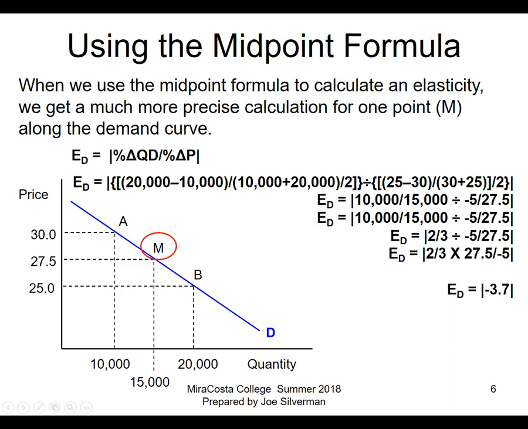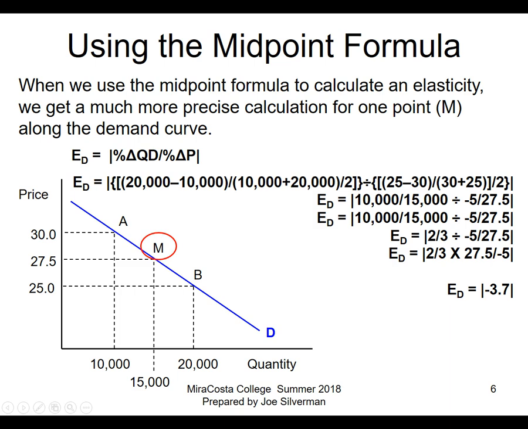The way that we go about solving a complex fraction is, remember, we have to invert. We have to take the reciprocal of one side, which is what I did over here. I just simplified this. 10,000 divided by 15,000 is 2/3. And then when I got to this step, instead of trying to divide 2/3 by negative 5 divided by 27.5, I just went through this additional step.